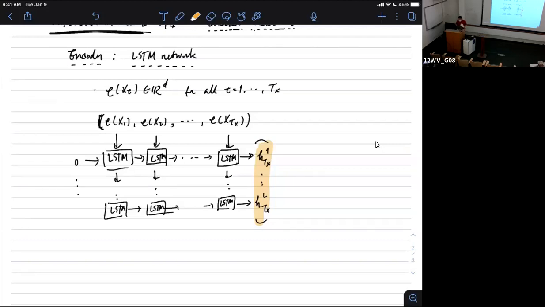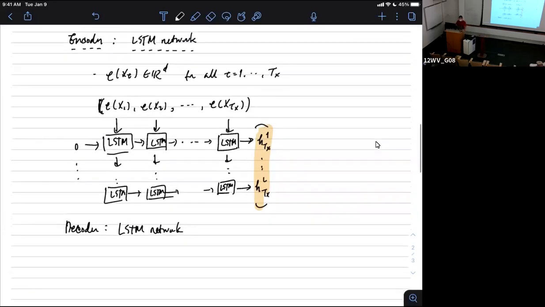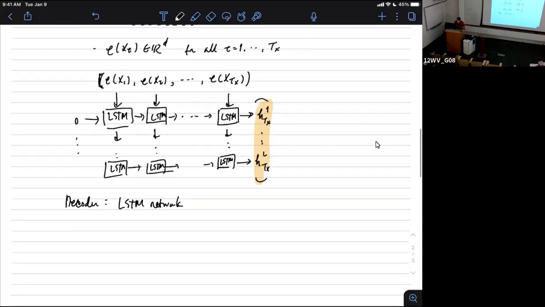Now the next part is the decoder. The decoder is also going to be an LSTM network of almost the same type. This is also unidirectional, and if you think about it, it shouldn't look any different from the encoder.